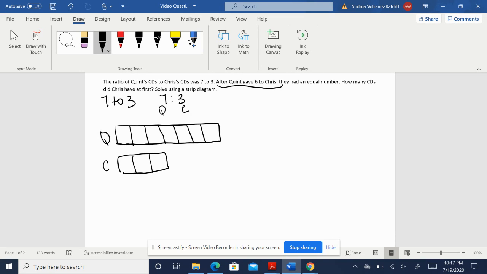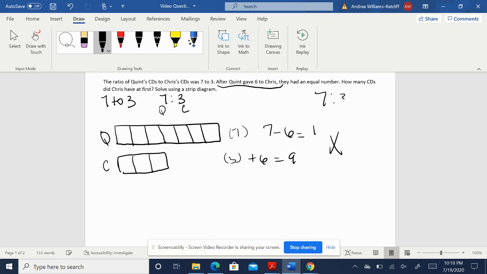All right, so let's think about it. If they really did have 7 CDs and 3, think about what would happen if I took 6 away and gave 6 here. Would they have an equal number? No. So that's not true. So we know that their actual counts are not 7 and 3.